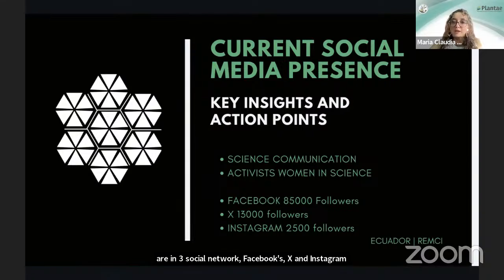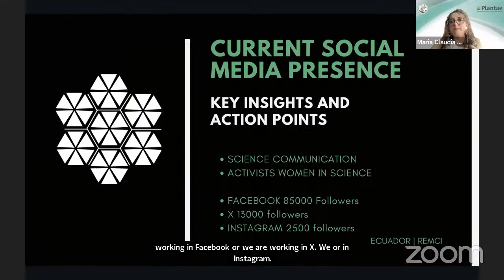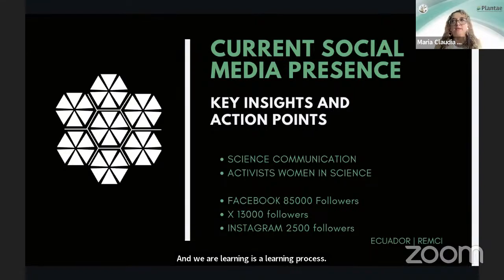We started getting a lot of followers, and we started learning how to communicate on social networks, because obviously the message is different if we are working on Facebook, X, or Instagram.